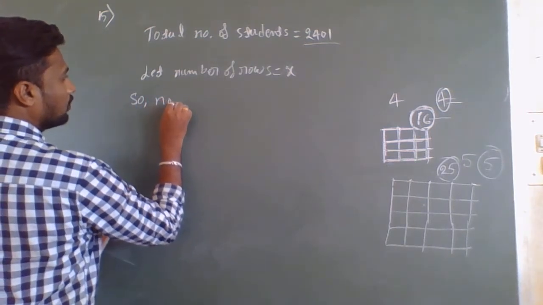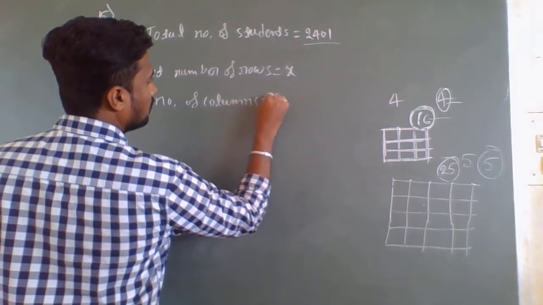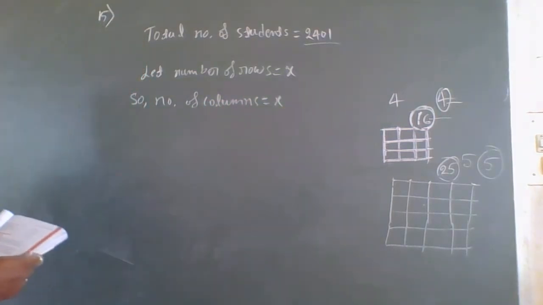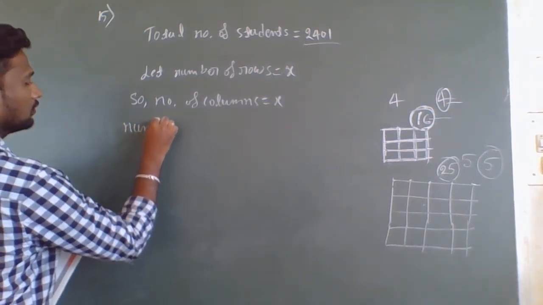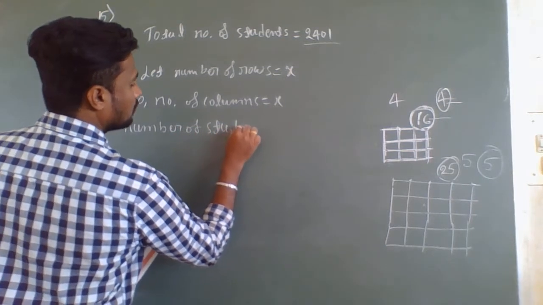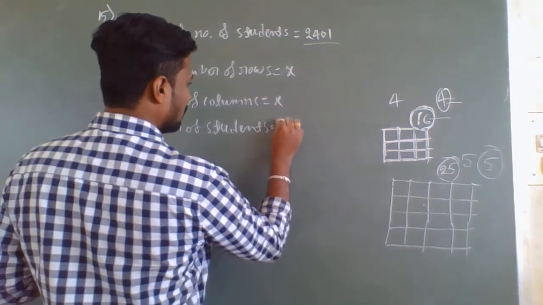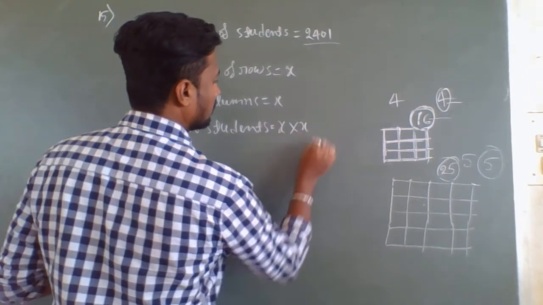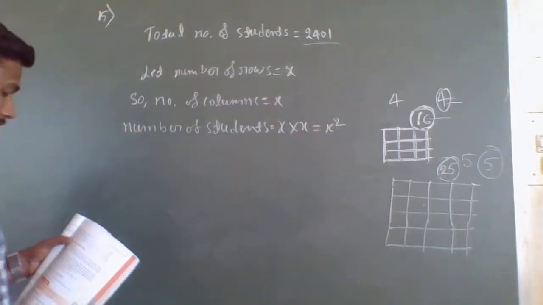Therefore, the number of columns is also equal to x. So the number of students equals x into x. What will you get? x square. x into x means x square.